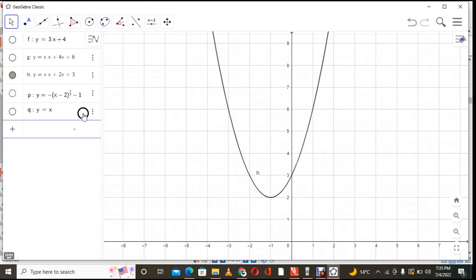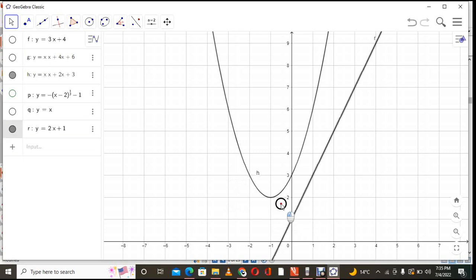So if I was to draw the line y equals 2x plus 1, where you take that function and let them equal to each other, the solution will only be one value, okay?